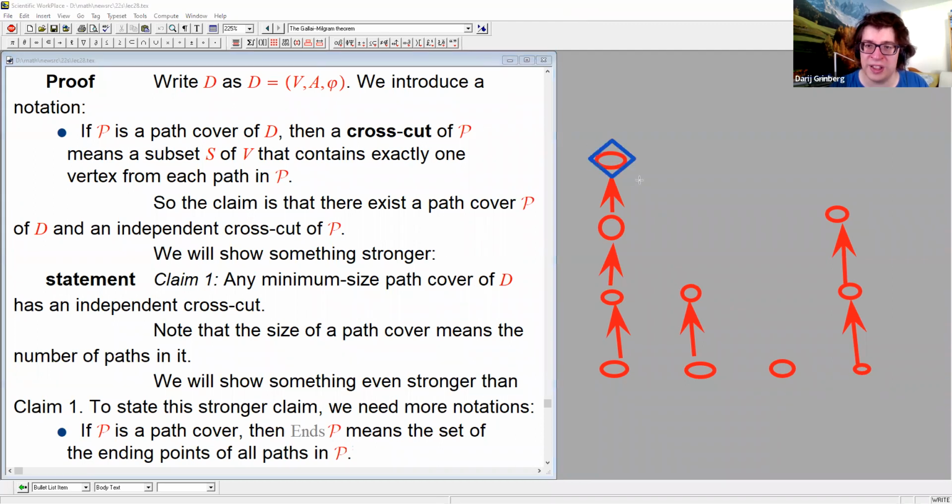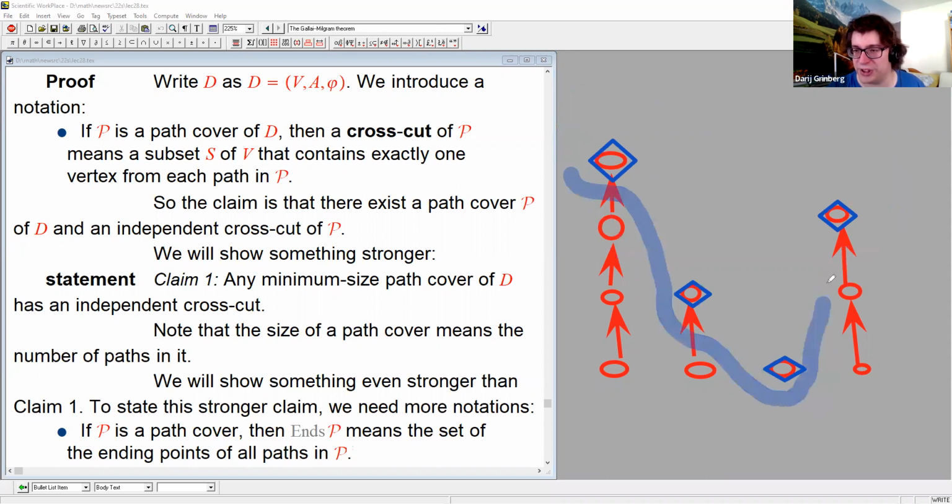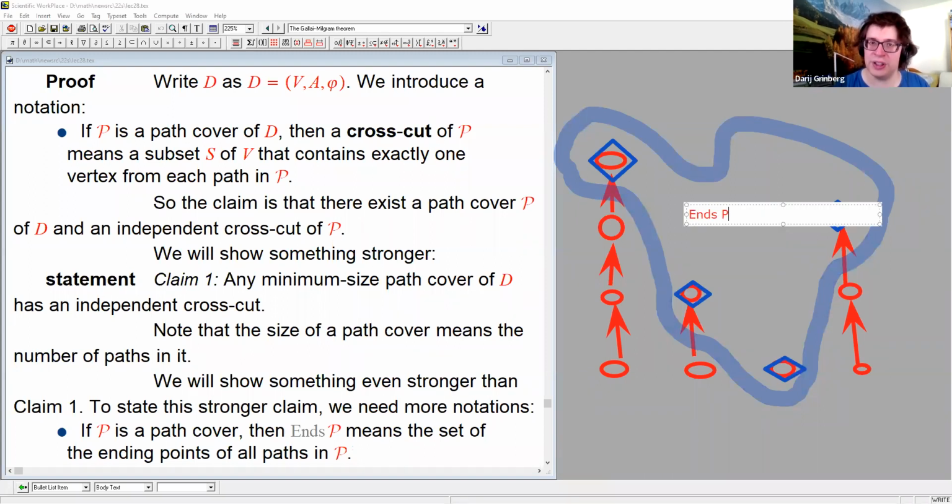Here are the ending points of the paths in my path cover. So these blue diamond marked points form ends of P. Okay, I'm painting with such a broad brush that it's not clear what's actually in the set. Let me make this better. Right. So this is ends P.